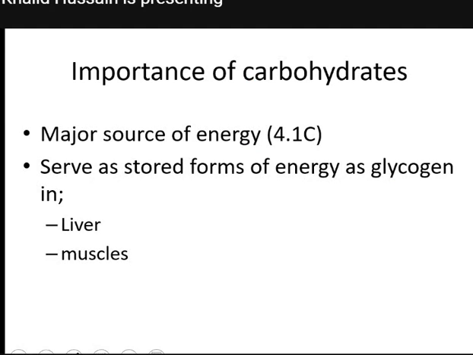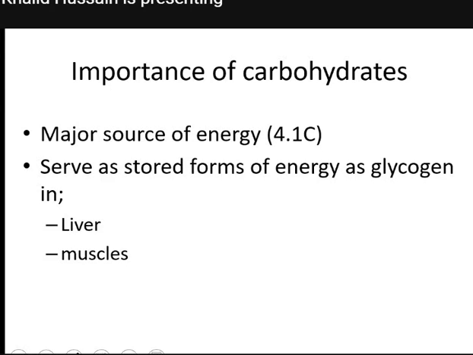Now, the pharmaceutical and medicinal importance of the carbohydrates. Importance number one is that carbohydrates are a major source of energy. All living things depend mostly on energy provided by the carbohydrates.